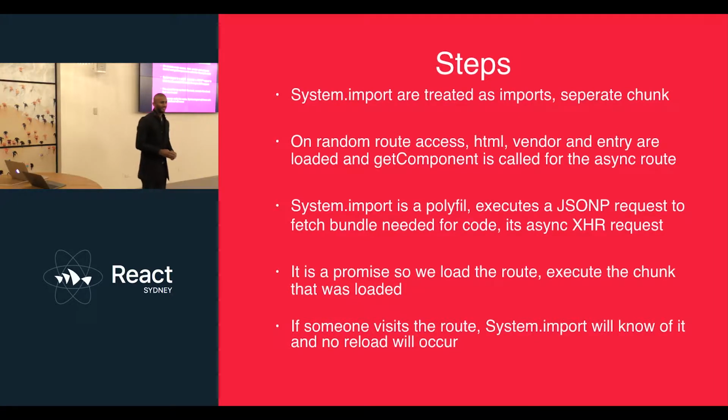OK, hi. So a JSONP request is a request that will return a prepended, I think it's called, JavaScript function. The idea is that when you execute a JSONP request, you provide the name of a callback function that will be wrapping the returned code.